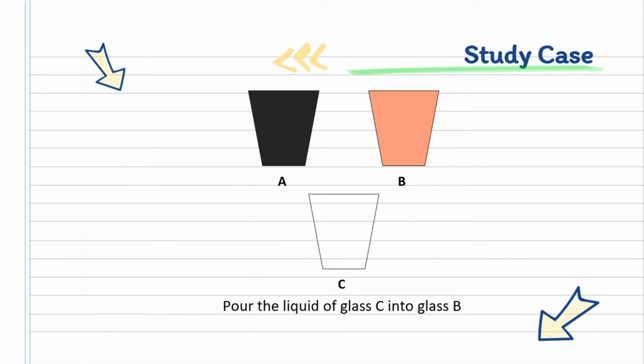Now, glass A contains coffee and glass B contains tea. So, this is the algorithm how to switch the liquid of the two glasses.